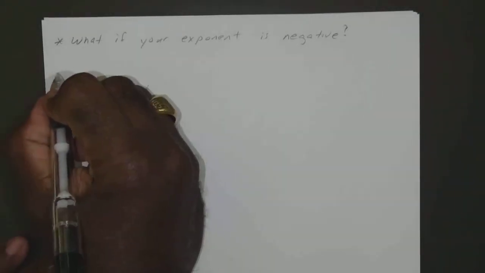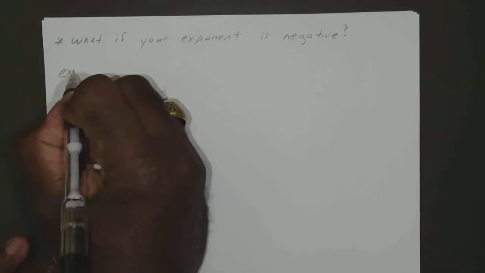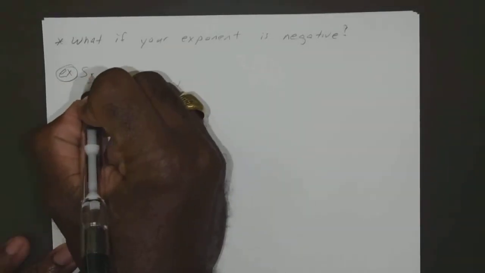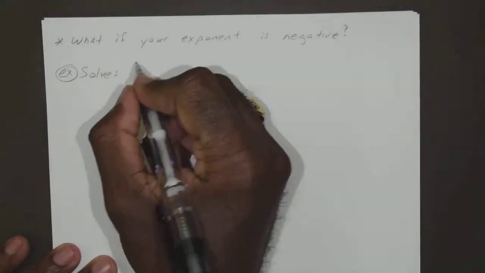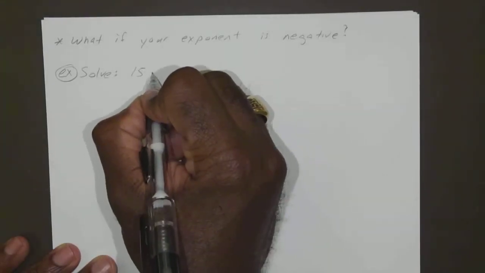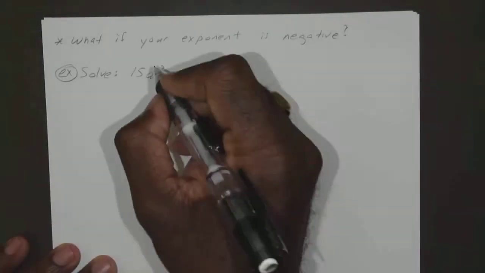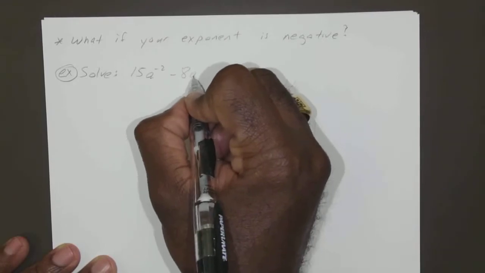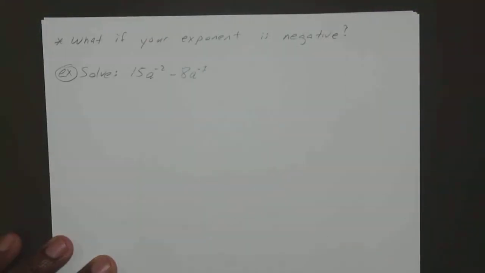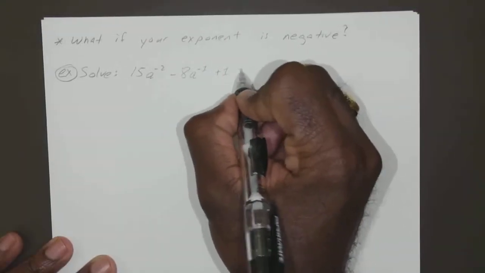Let's say, for example, you run across one where you want to solve 15 times a to the negative 2 power minus 8 times a to the negative 1 power plus 1 equals 0.